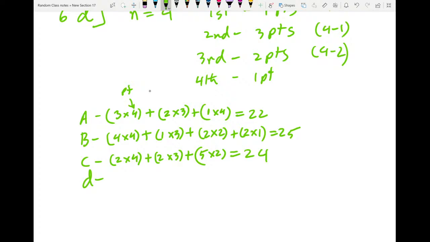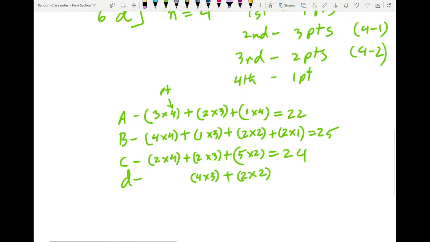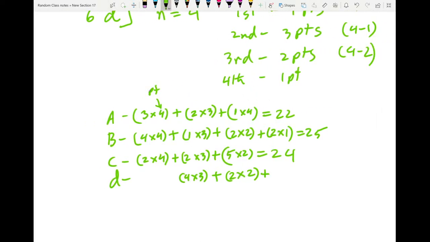Let's look at D. D got 0 first place votes, 4 second place votes, 2 third place votes, and 3 last place votes.